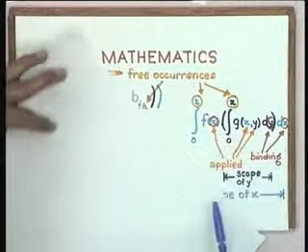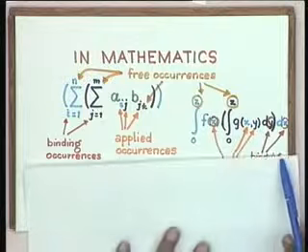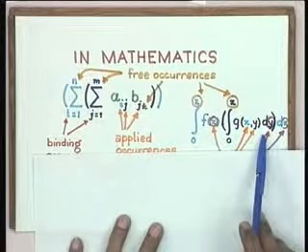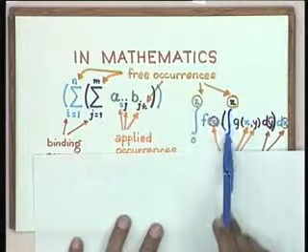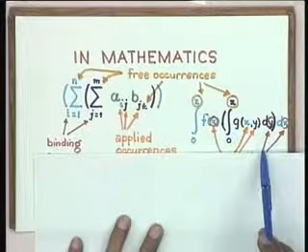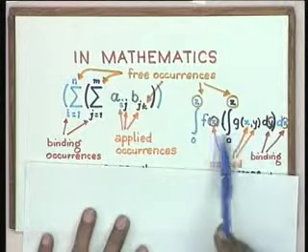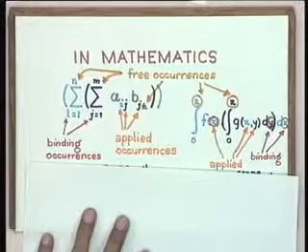Similarly, if you were to take this double integral, here the binding occurrences are dx and dy, of course with the appropriate integral symbols. The applied occurrences actually occur before the binding occurrence. So the binding occurrence appears after the applied occurrence.